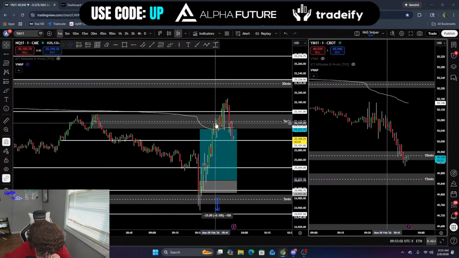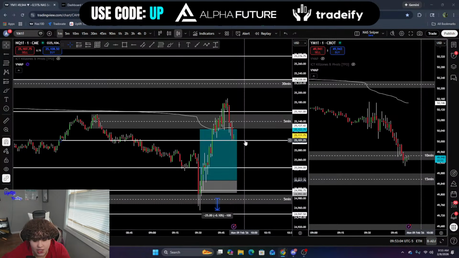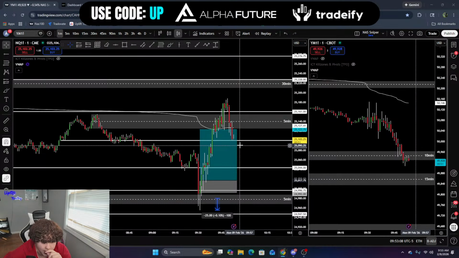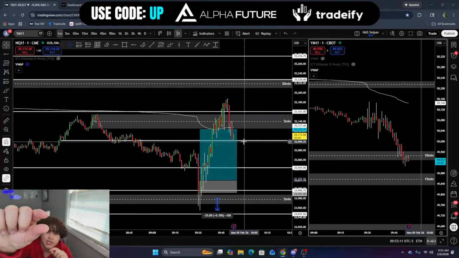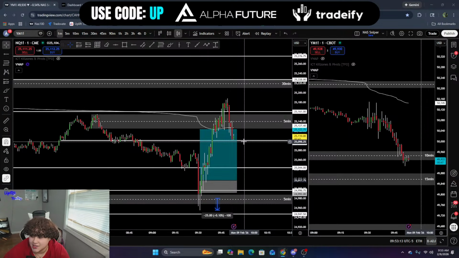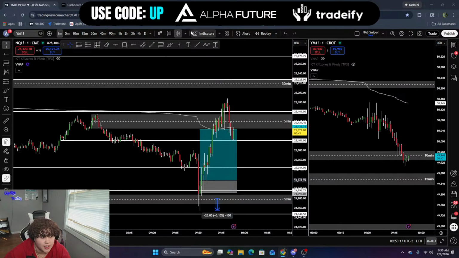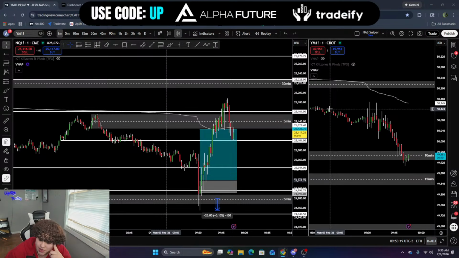I went in with 10 full contracts, by the way. And then I only needed a move like this big, about a 60 tick move. And then I hit full TP, made 3K in all the accounts, and that was that. That was it.